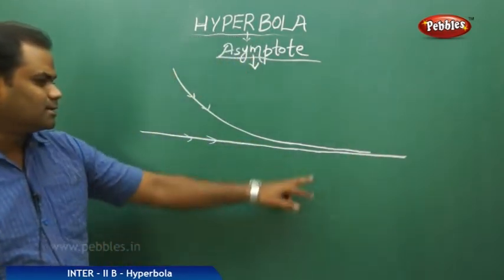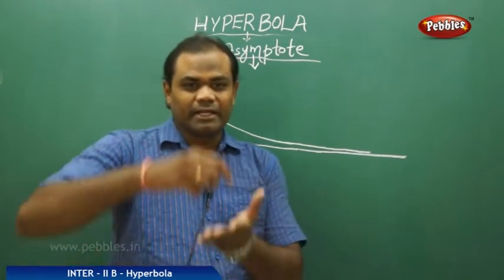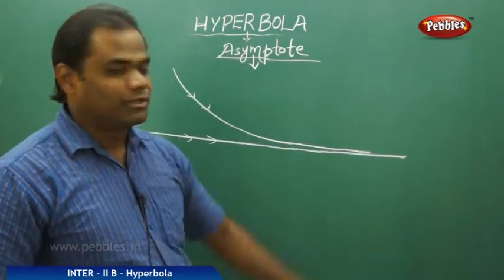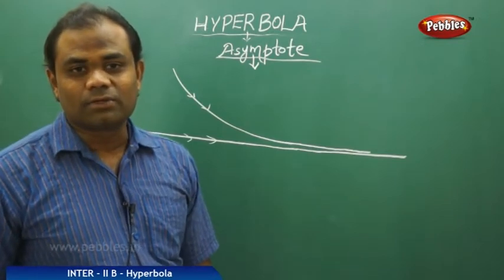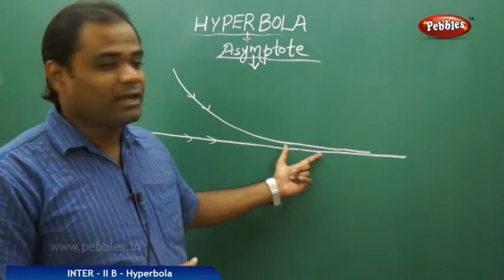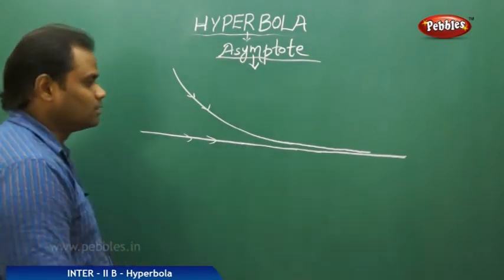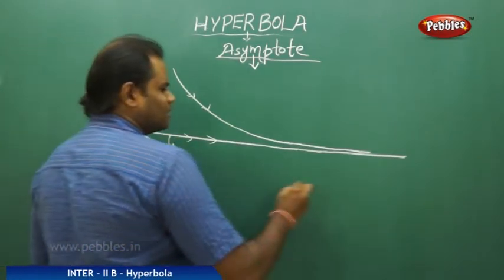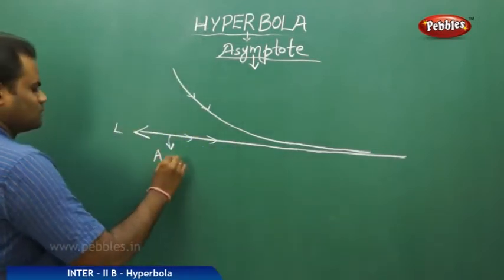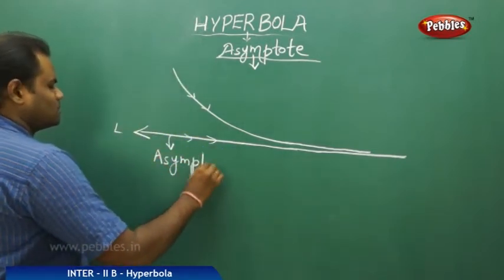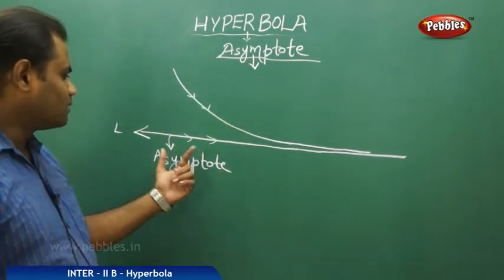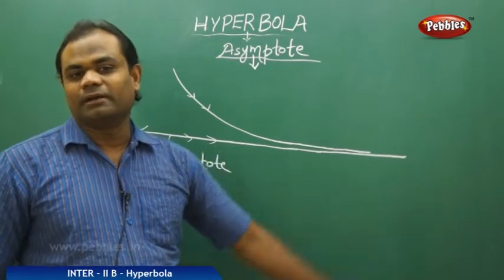They have at least some minute distance between them, which is called asymptotic behavior. This kind of behavior of a line with respect to the curve is called asymptotic behavior, and this line is called an asymptote. So mathematically we define an asymptote as a line which tends to touch the curve but never touches.